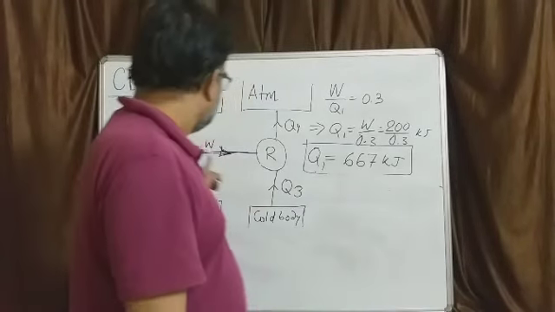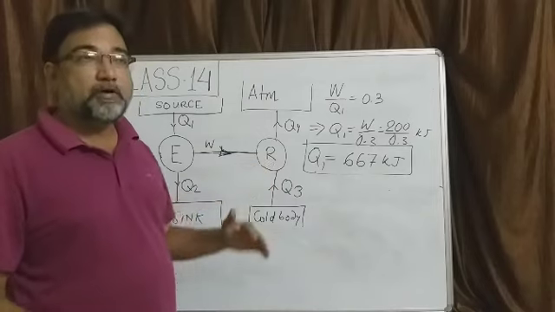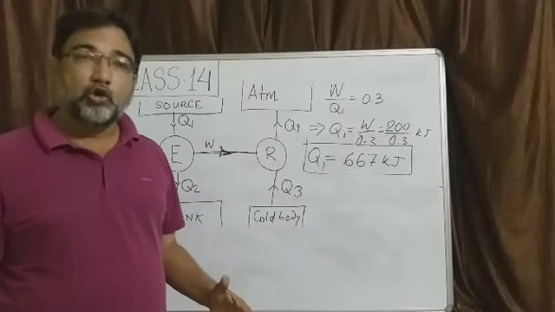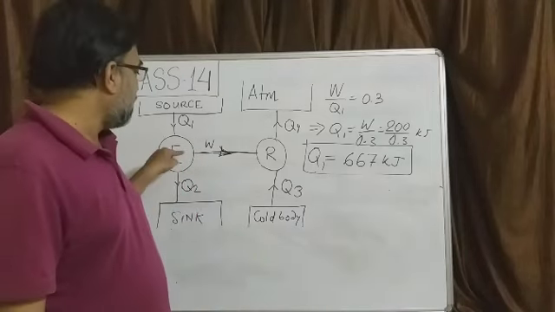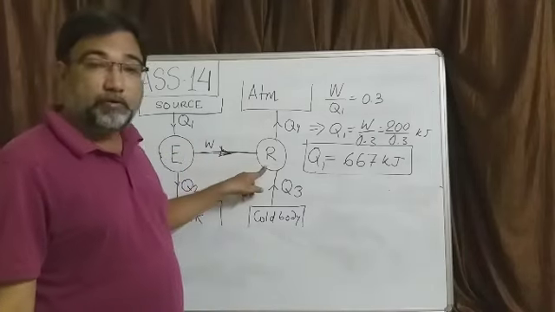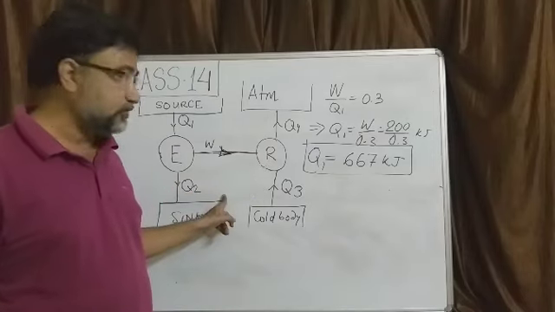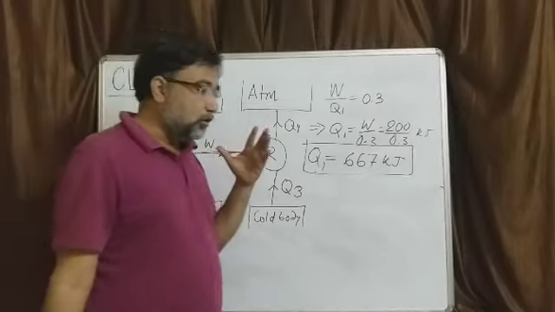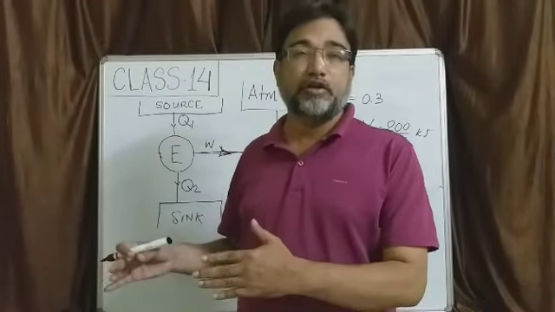In that case, here it will be W, but for here it will be W by 2. Maybe 1/3 of the work output of the engine will be used for the refrigerator. In that case, output here will be W, but input here will be W by 3, and the remaining work will go for some other purpose, because the only purpose of the engine is not to drive a refrigerator.